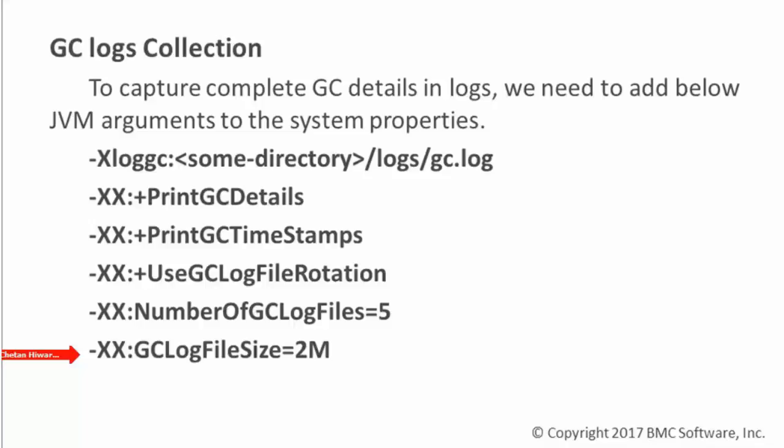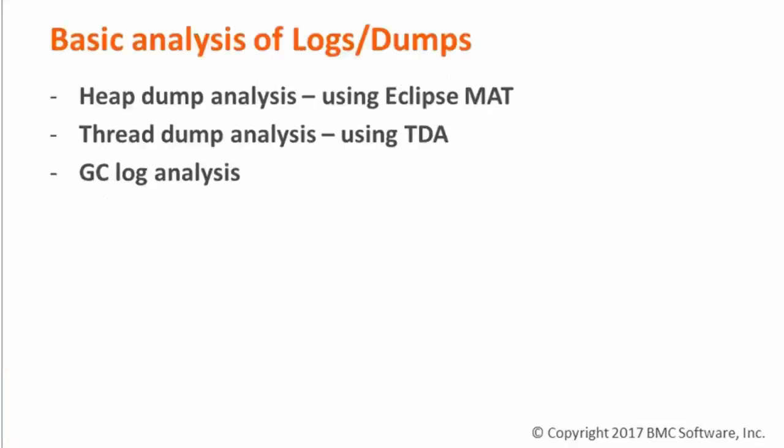These are a few standard parameters I have mentioned here, which can be used in a production environment for collection of garbage collection logs. So this is how we collect the different kinds of logs using the Visual VM tool and some other settings.